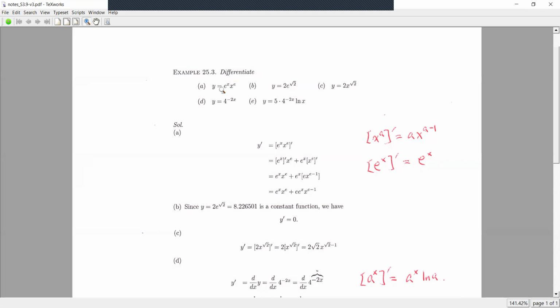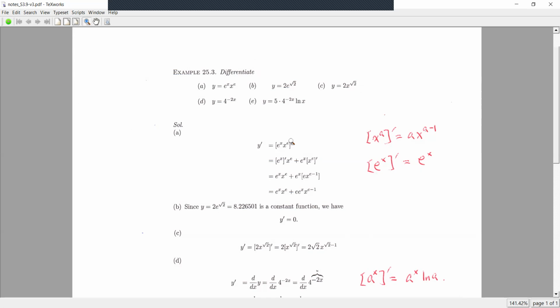Because the function is a product, I apply the product formula to compute the derivative. By the product formula, the derivative is equal to derivative of the first function. First function is e to x times the second function.